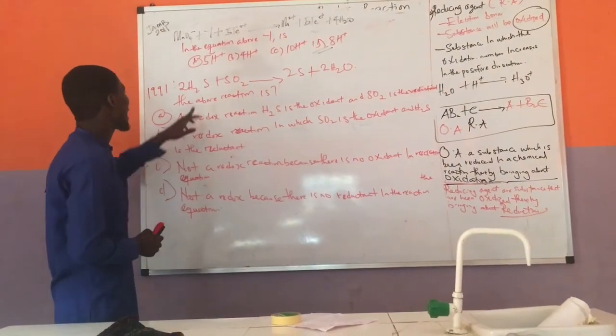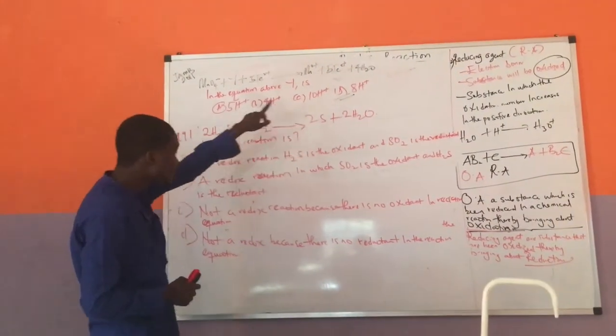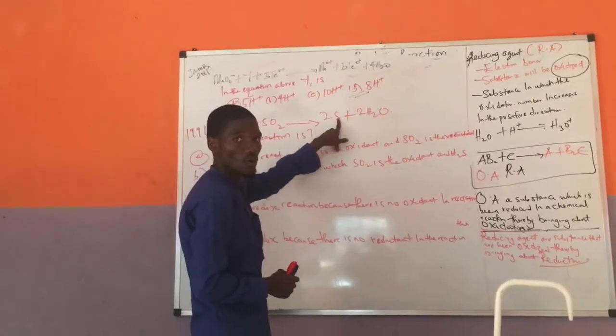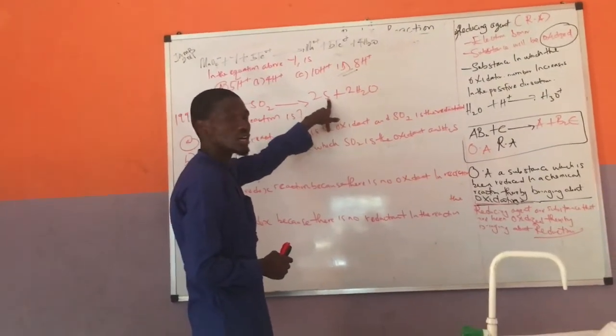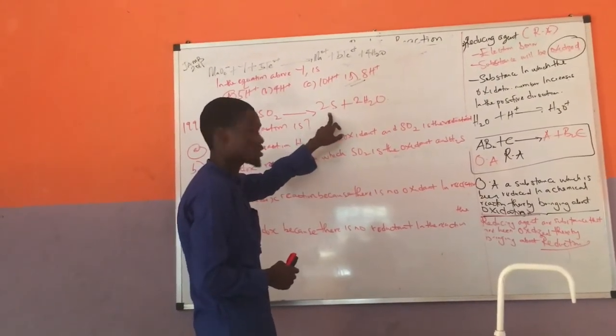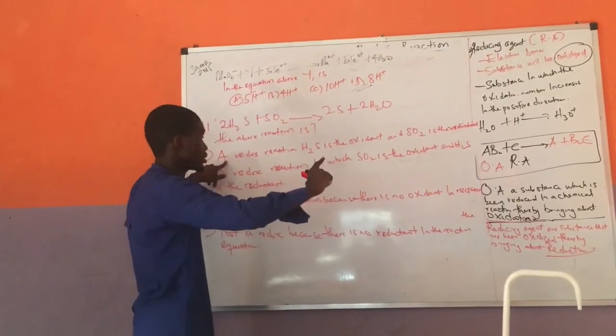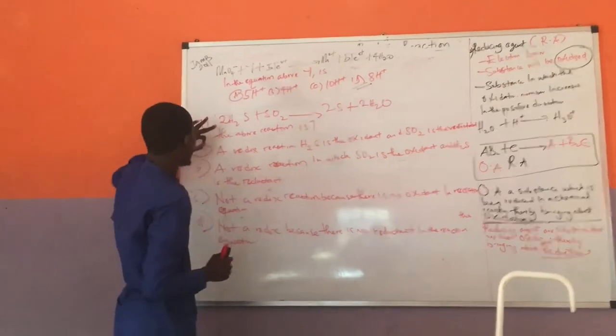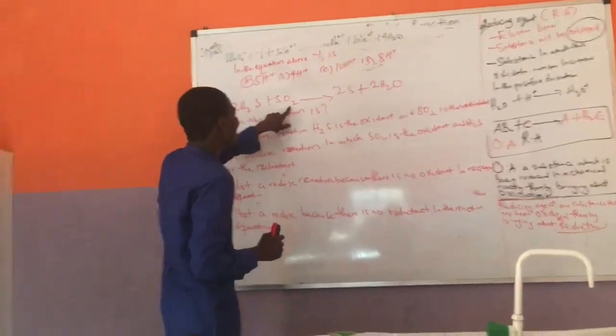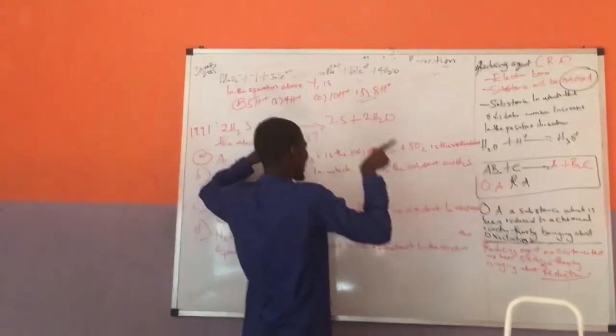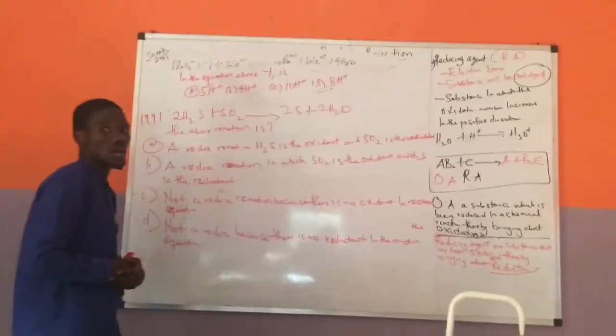So now, hydrogen sulfide here is being oxidized to sulfur. That is our oxidized substance. So A is wrong. So SO2 is being reduced to what? Water.